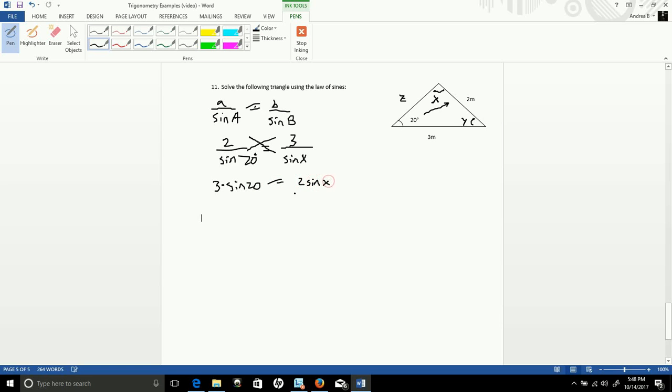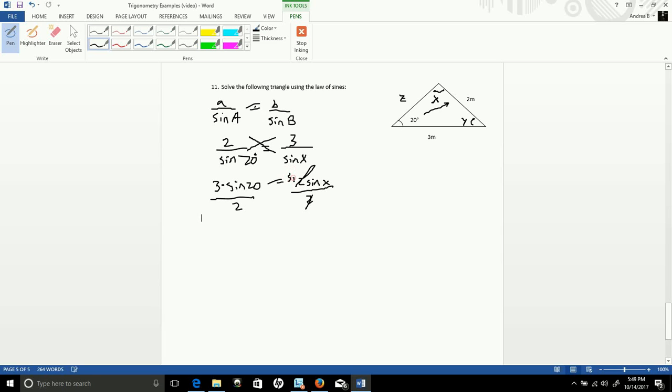Once again, the part with the X we want to get by itself, so we want to divide both sides by 2, the part in front of our sine of X. That'll cancel out the 2's, but then to cancel out the sine, remember we then have to do inverse sine.